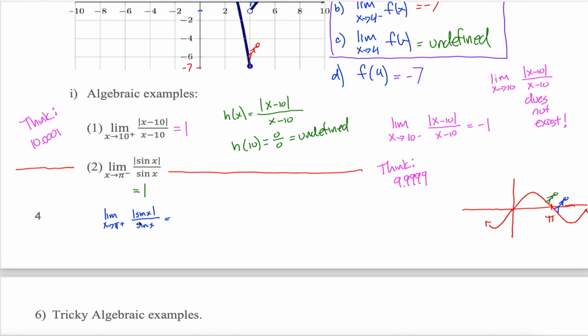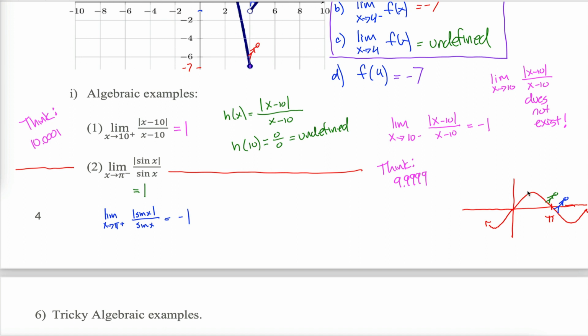I again have something with the same magnitude on the top and the bottom. However, one of those things, namely the top, is positive, and the other one, the bottom, is negative. When I divide a positive by a negative, I get a negative number. The limit as x approaches pi from the positive side is equal to -1. We again have different one-sided limits, therefore the two-sided limit does not exist.